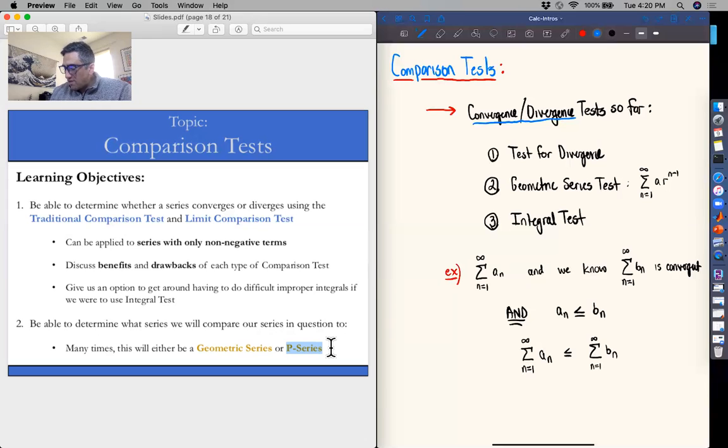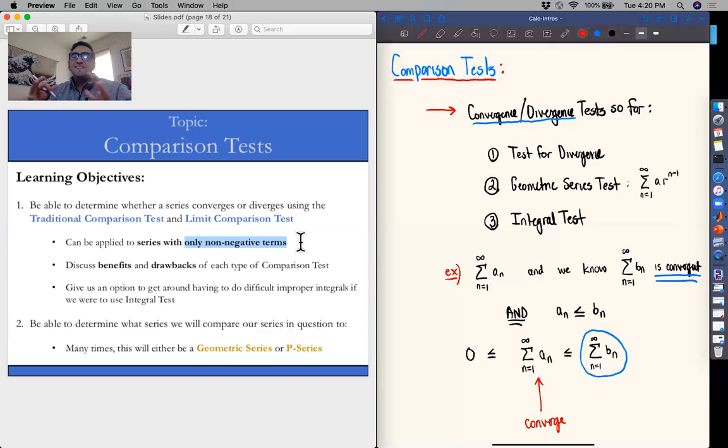But if we know that this series b sub n converges, because that again is something that we know, and if our series is smaller than that series, and the series must be positive, what that tells us is this series, a sub n, must also converge. So we're going to motivate these ideas in a lot more explicit detail.